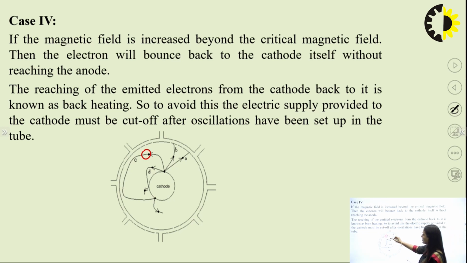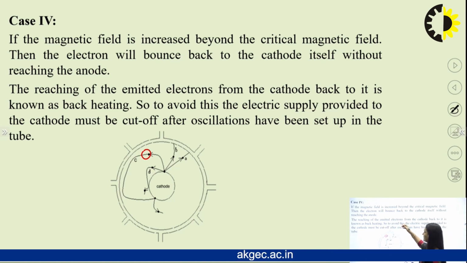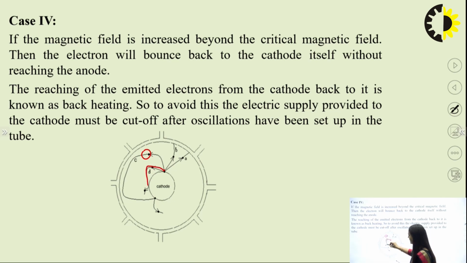See here the case of D. Now the magnetic field is further increased and the electron will bounce back to the cathode. It will never reach the anode. So the return of the emitted electron from the cathode back to it is known as back heating. This is basically the back heating.